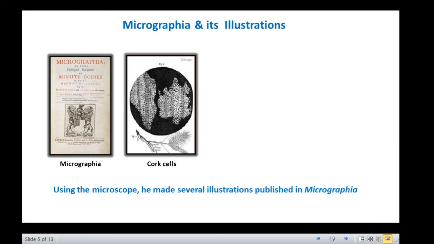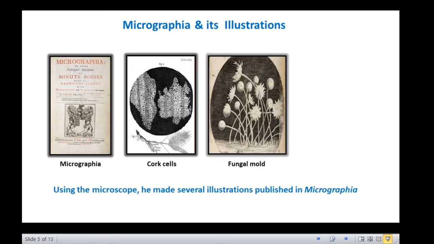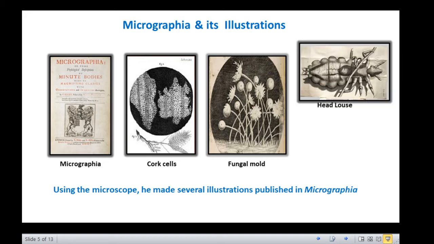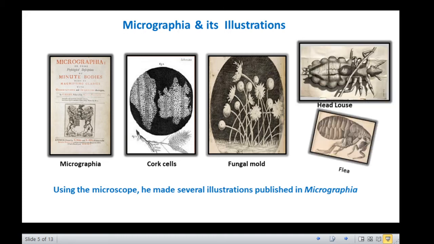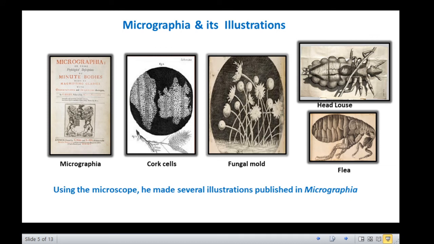Hooke was the first person to describe and draw a microorganism, a mold he found growing on the sheepskin cover of a book, a head louse, and a flea, and many such specimens.